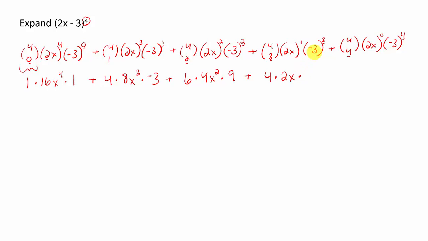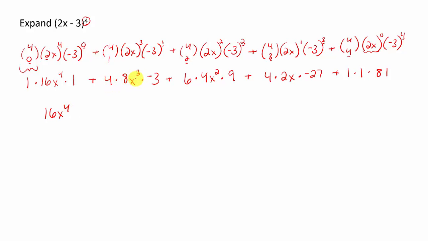But negative 3 cubed is negative 27. Again, 4 choose 4 in your calculator, that's going to give you 1. Anything to the 0 power is 1, but negative 3 to the 4th is going to give you a positive 81.